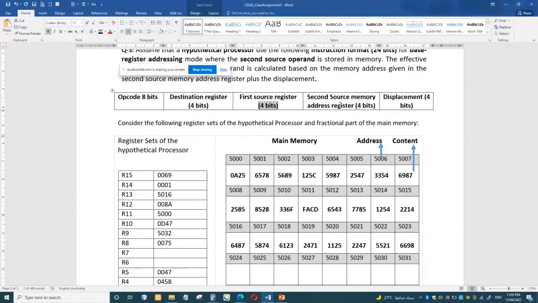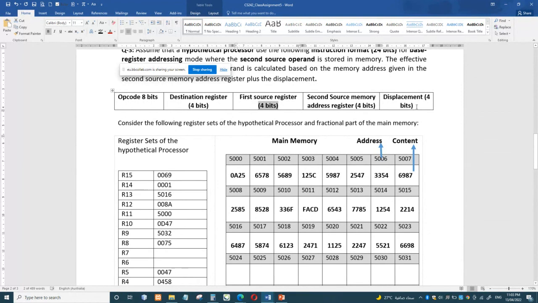The second source operand is stored in the memory, but we are not giving the address in the instruction itself. Rather, the address is given in one of the registers, and we specify that register number.